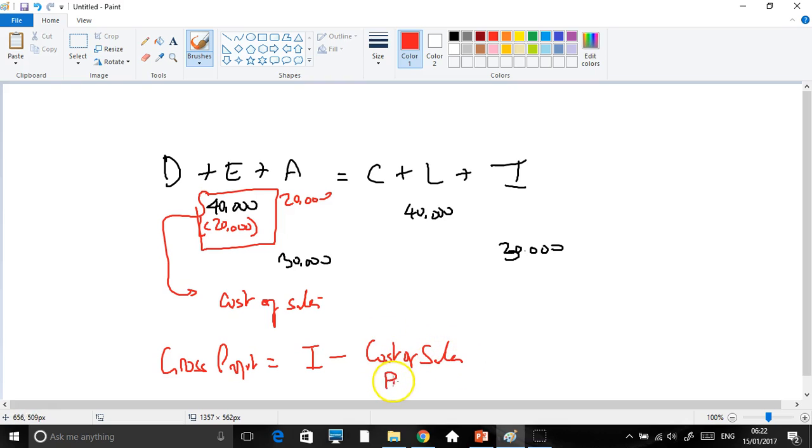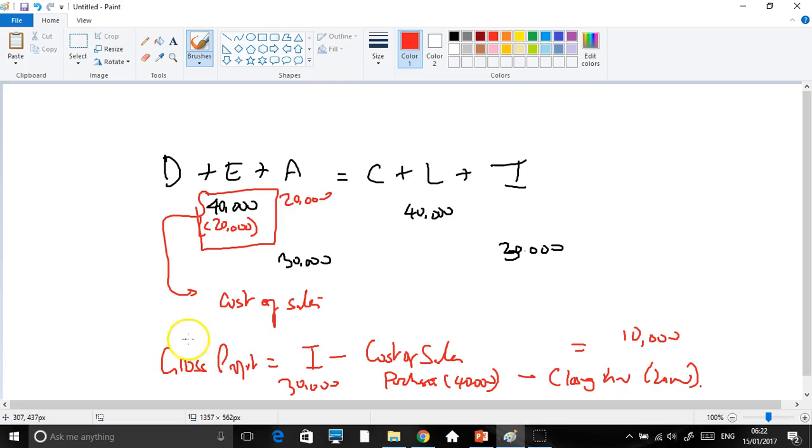Cost of sales really is purchases, which in this case is the 40,000, minus the closing inventory, which was 20,000. And here this is 30,000, right? So 30,000 minus the 20,000 gives us a gross profit of 10,000.